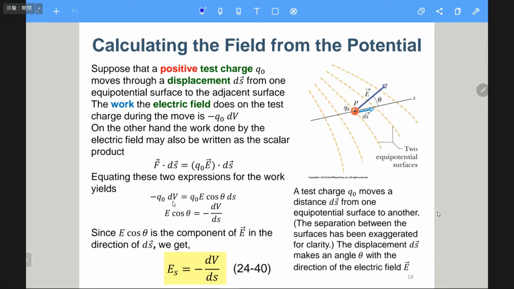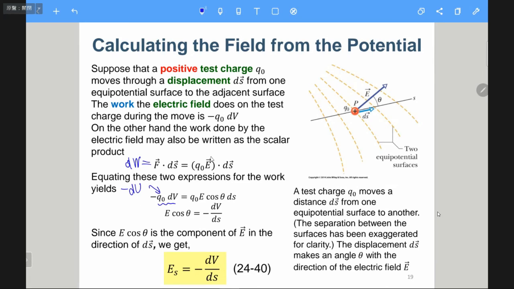This is the potential energy, because this is the work dW. And Q0 dV will be negative dU, the negative potential difference. So we have negative Q0 dV. So we just change the work done to the negative of the potential, which is like this.